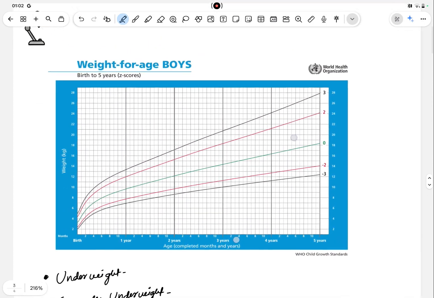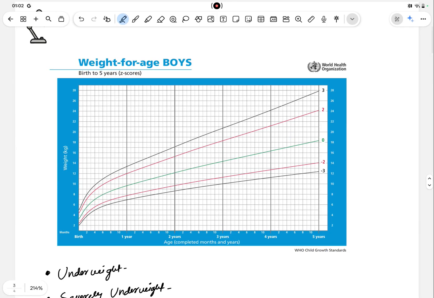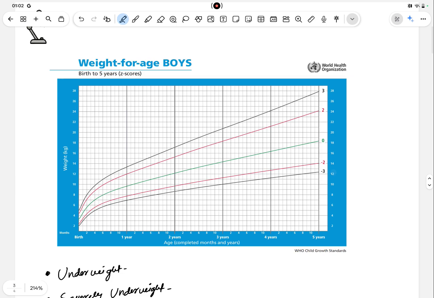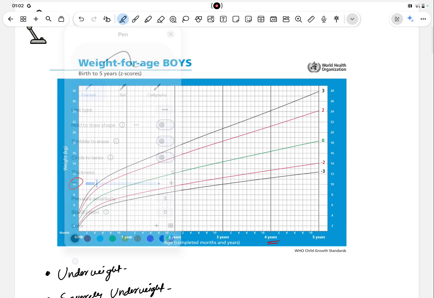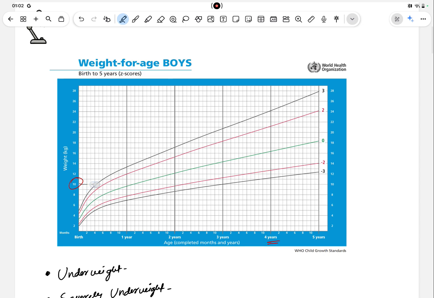Then there is weight for age. Okay, let's start with an example. Suppose the age is 4 years and weight is around 10 kilo. Okay, so we take black color ink and we trace the 10 points towards 4 years, right?